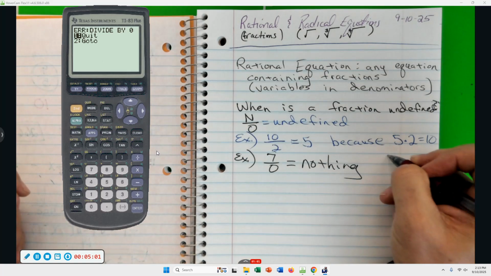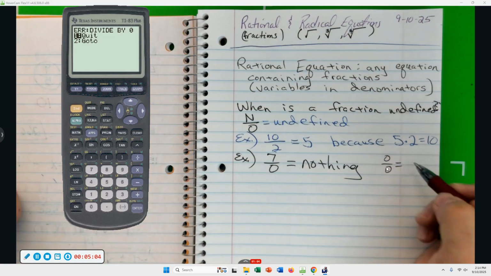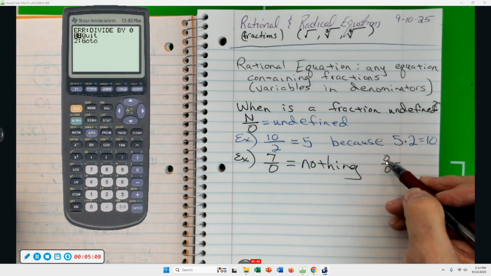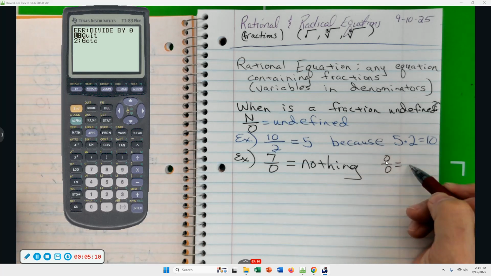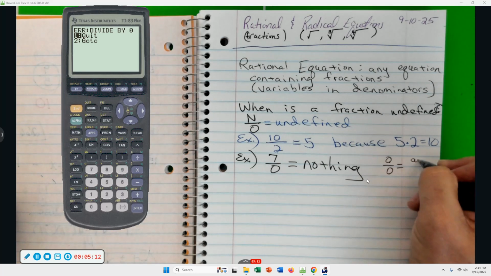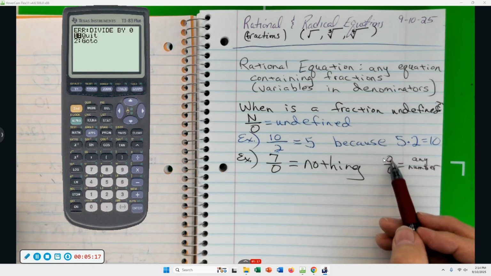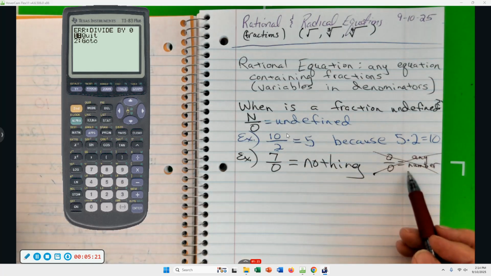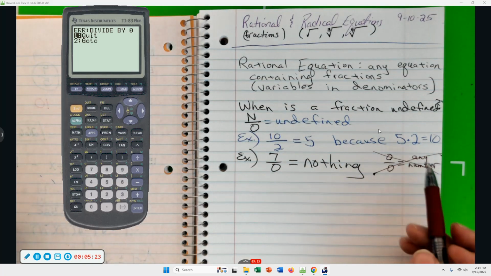Look at 0 over 0. What one number times 0 will give you a 0? It's not just one number, it's any number. So even if the numerator is 0, we say the division is undefined because we don't want a quotient that can be any number in the world.